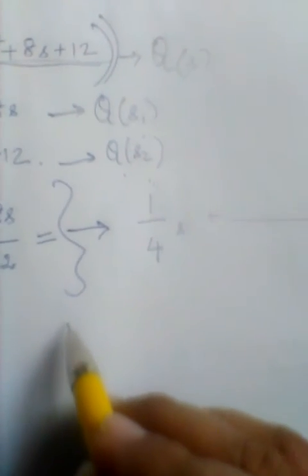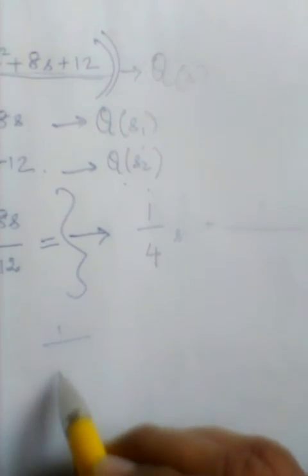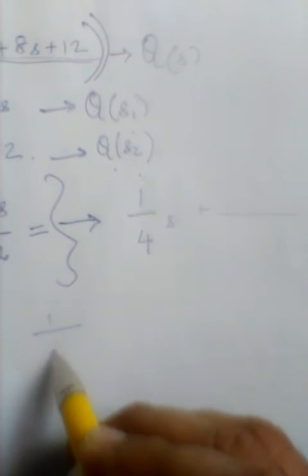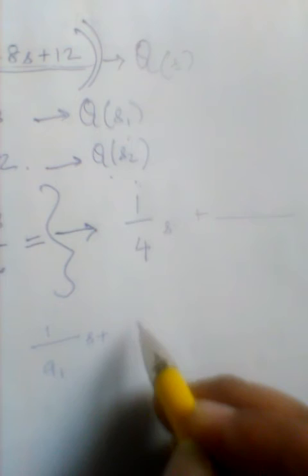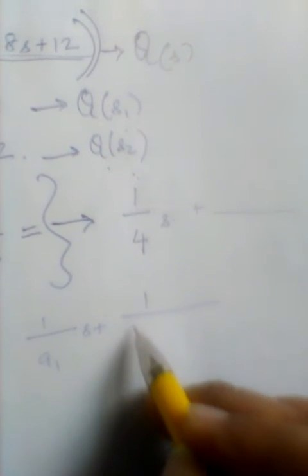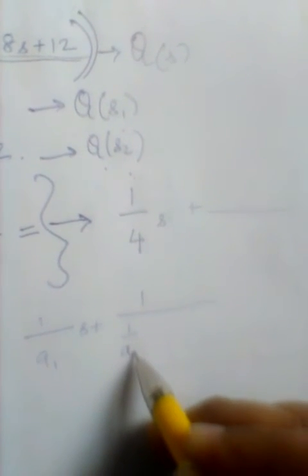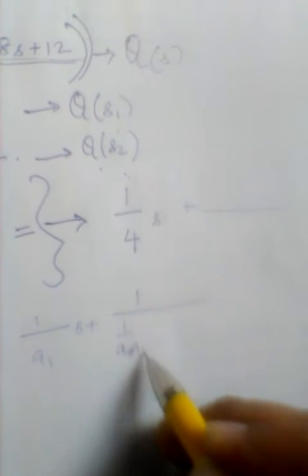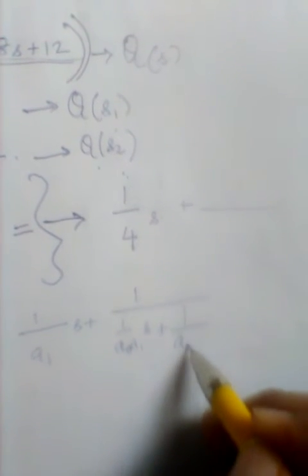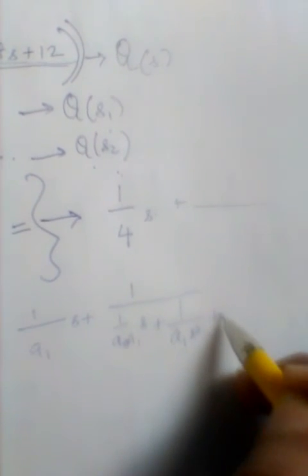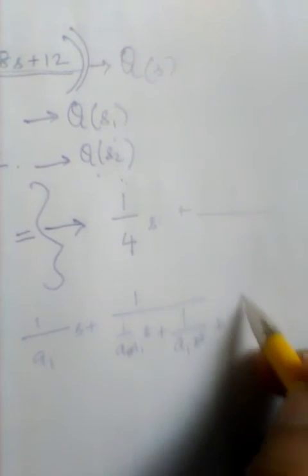In doing so, it is like 1 by some value a1 into s plus 1 by a2 into s plus 1 by a3 into s, and like this it will continue.